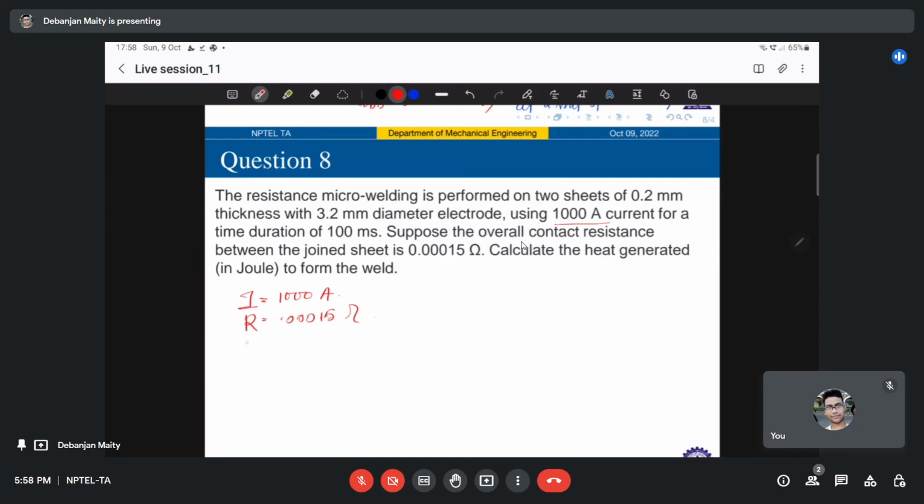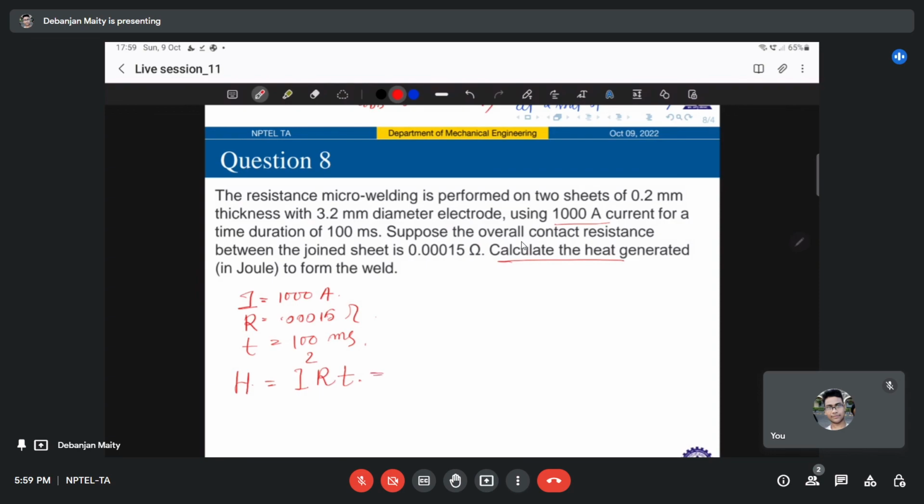T value is given, which is 100 millisecond. This is very simple in terms of understanding. So you need to calculate simply the heat generated to form the weld. So what will be the heat generated? It is simply I squared R T, right?